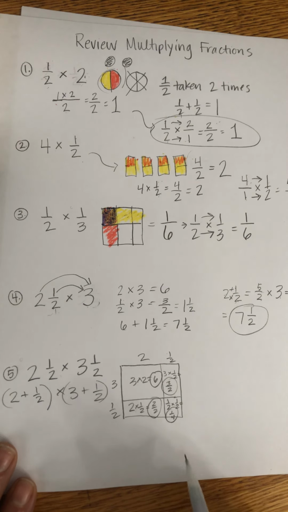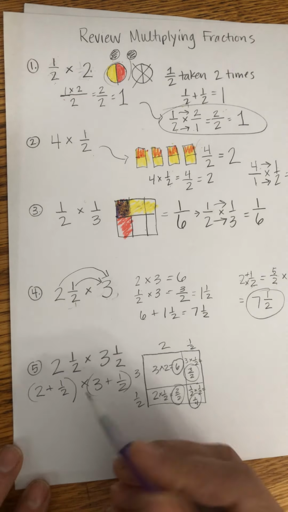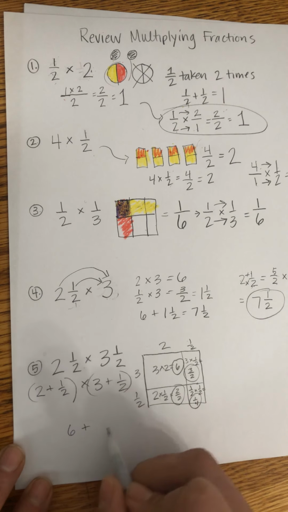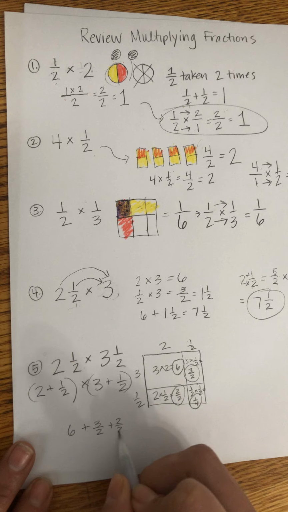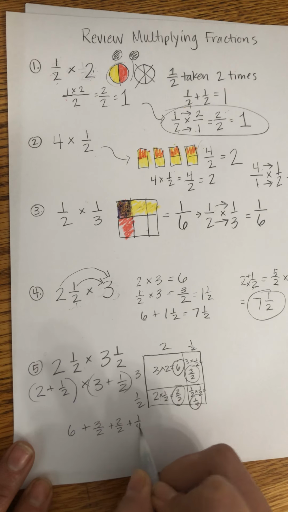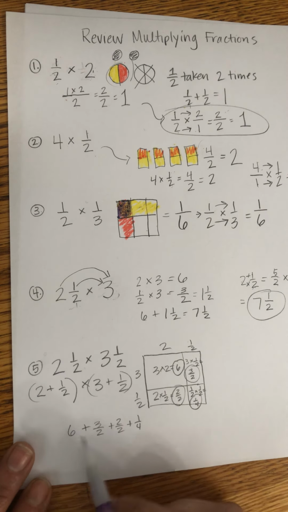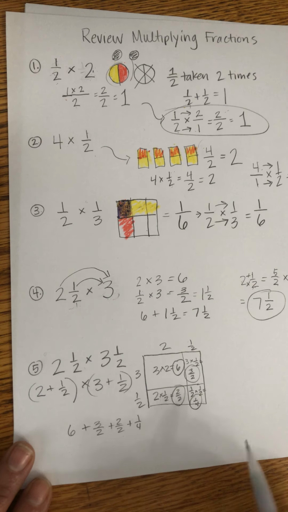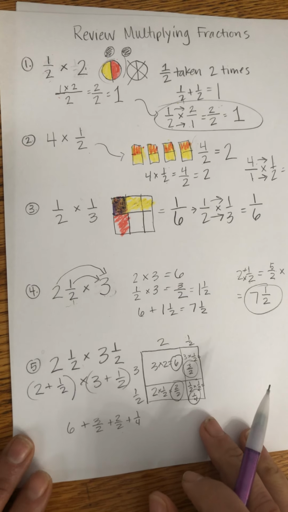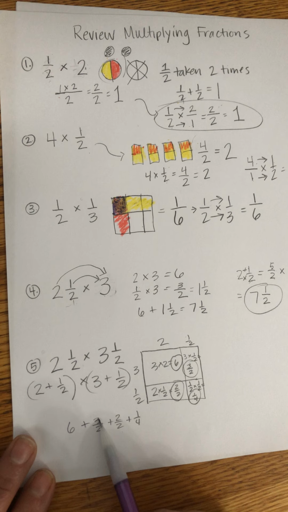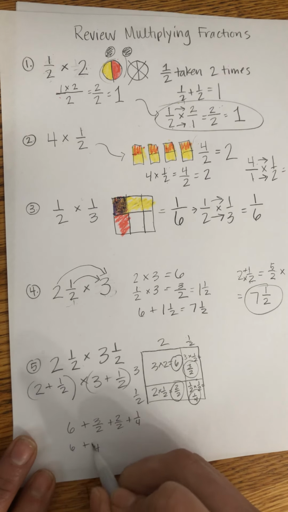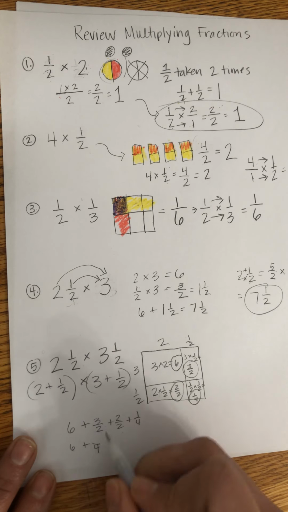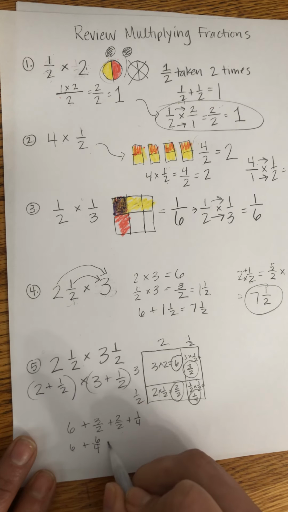Okay, so to find that final answer, you're gonna have to combine all of these. So 6 plus 3/2 plus 2/2 plus 1/4. All right, so you can't combine these because they don't have the same denominator. So you would have to find equivalent fractions to 3/2 and 2/2. So it's 6 plus, well, if I multiply this 2 times 2 to get 4, I have to multiply this 3 times 2, which equals 6.